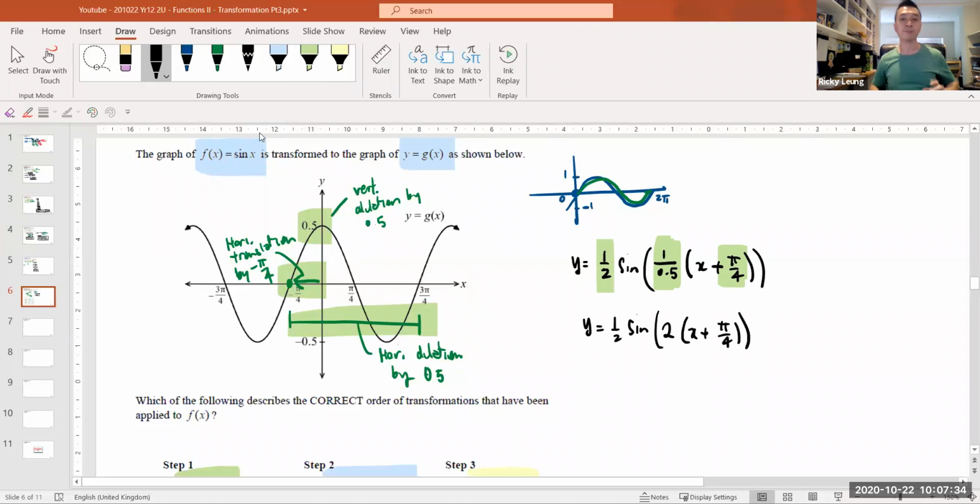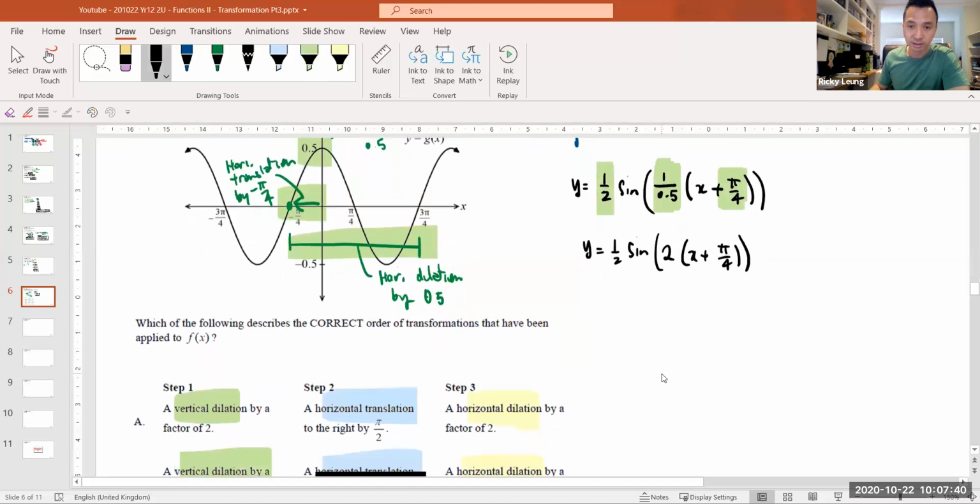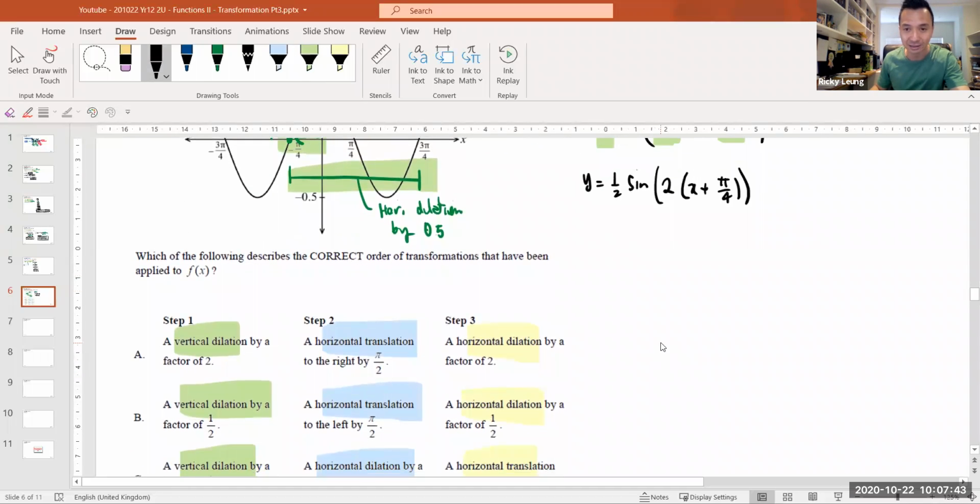Now, it's important, in this case, it doesn't say to find the equation, but I'll tell you why I'm doing it. Let's see if there's any answer that ticks the box.